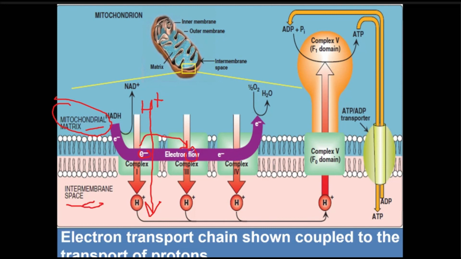Again, from here to here, H plus is getting out and is pumped out. Can you see? So if you have, let's say, seven H plus here, just as an example, you will get them all here. So at the end, at complex 4, you have a lot of H plus here.